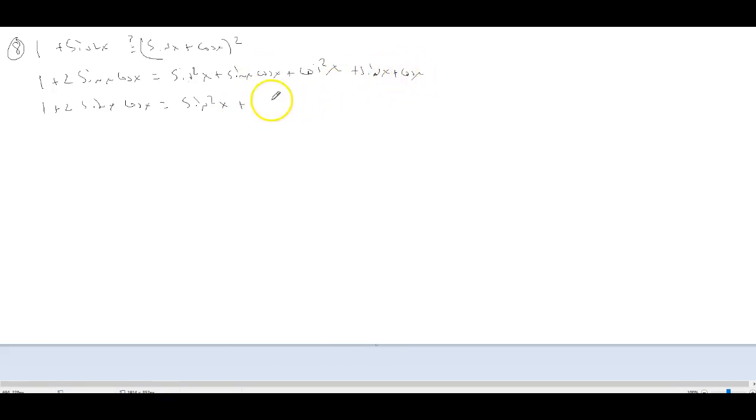Get this right. Plus 2 sine x cosine x plus cosine squared x. And so I've got this equation there. At this point I should feel the tingles, right? These two here are tingly. And I got 1 plus 2 sine x cosine x. And they match, and that's really good.